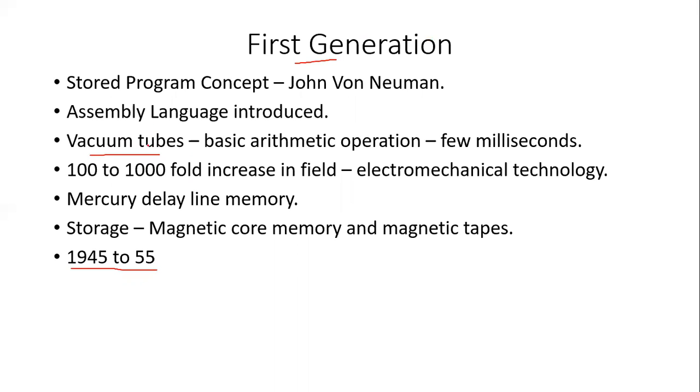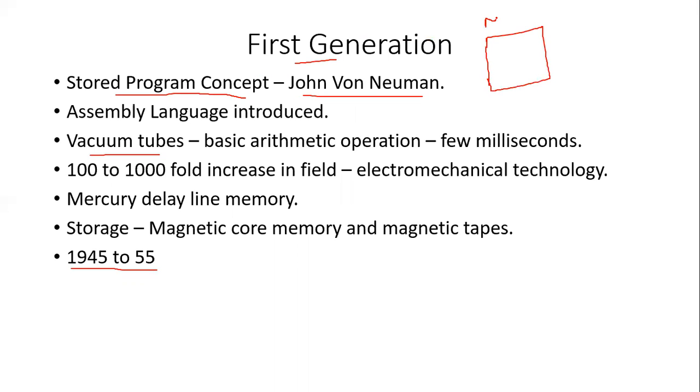Along with these computers, the stored program concept was introduced. What is meant by stored program concept? It was introduced by John von Neumann, and it is the concept of storing program and data in the same memory.